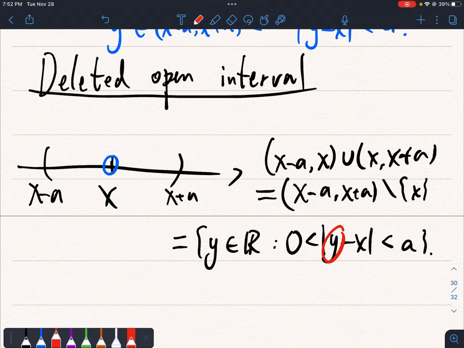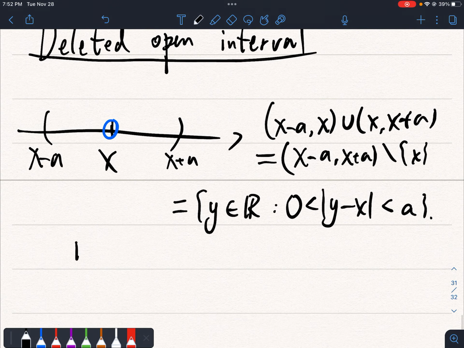So this is bigger than 0 just means we cannot take y to be x itself, right? So then we're taking all the points from x minus a to x, and then skip the point at x, and then go from x to x plus a. Okay, so this is the deleted open interval around x. We can also call it a deleted neighborhood.